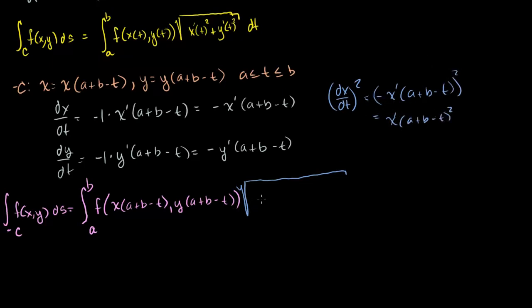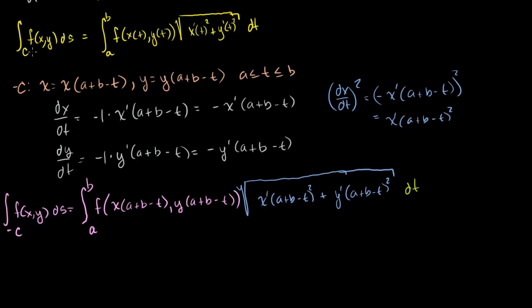So that's going to be equal to x prime of a plus b minus t squared, plus dy dt squared. By the same logic, you lose the negative when you square it, y prime of a plus b minus t squared. Extend the radical, and then all of that dt. So that's the surface integral over the regular curve C. This is not the surface, the line integral. We're not doing surface integrals yet.